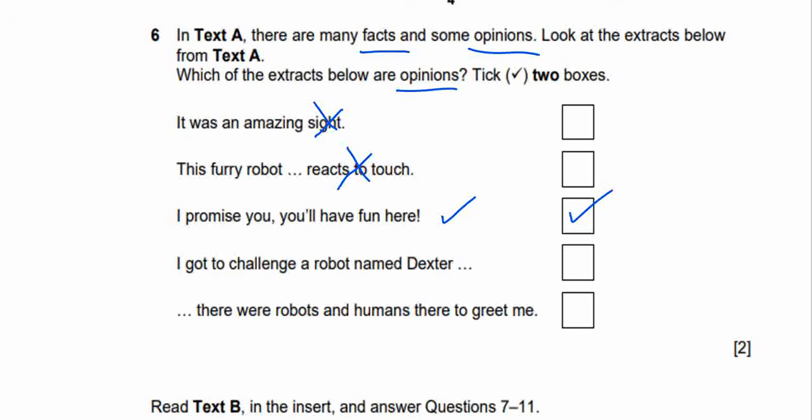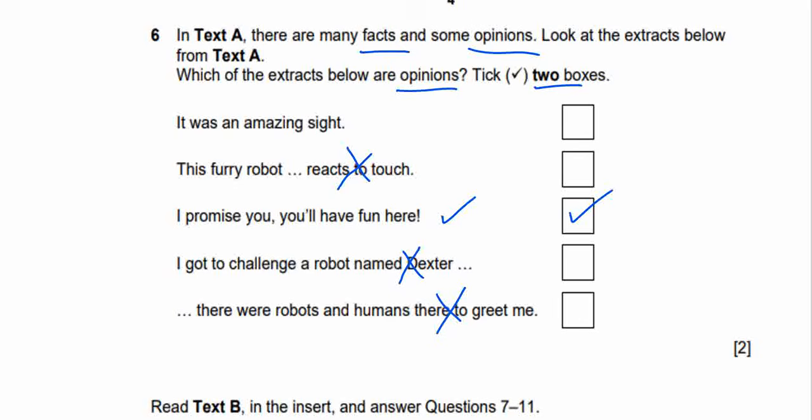Next, I got to challenge a robot named Dexter, so it's facts. There were robots and humans there to greet me. So this is also facts. Since we have to choose one more, which one will be the opinion?